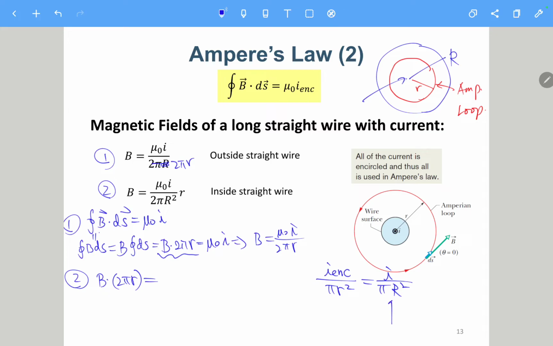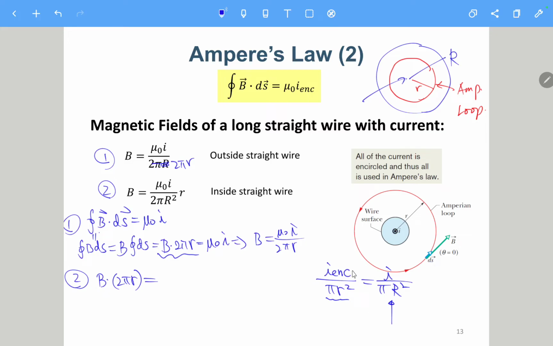This is the whole cross-section area of the wire, this is the cross-section area enclosed by the Ampere's loop, this is the current enclosed by the Ampere's loop, and this is the whole current.